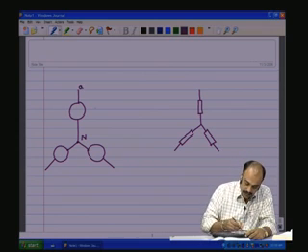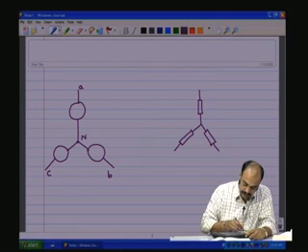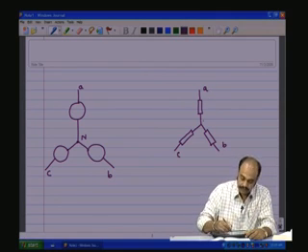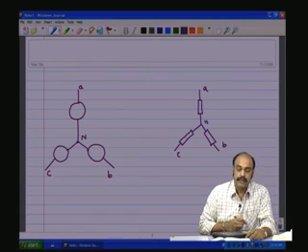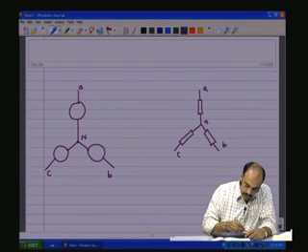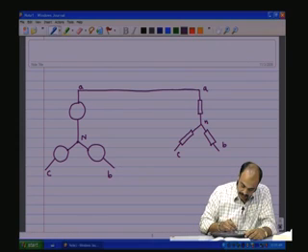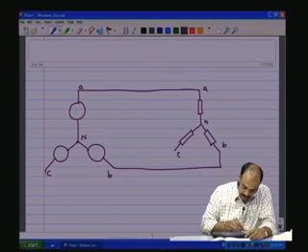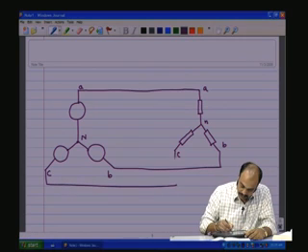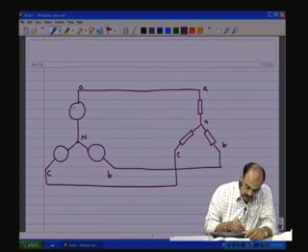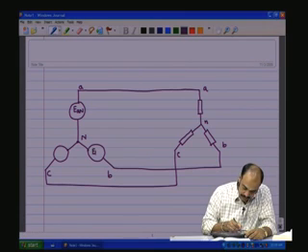Let us say this is A, B and C, and this is also A, B and C, and there is a neutral point N. We connect A to A of the source, B to B, and C to C of the source and load. This is EAN, EBN, ECN.